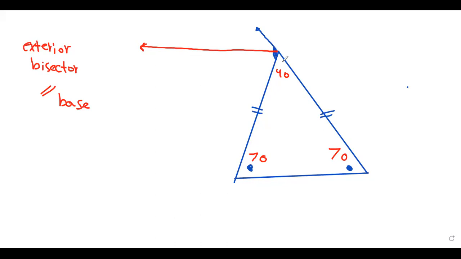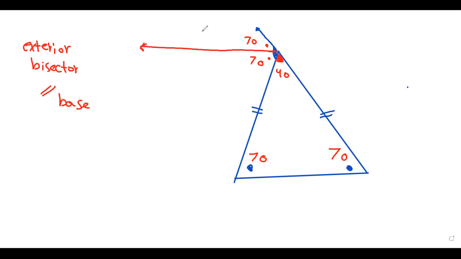And you know that the straight angle is 180. So I have 70, 70, 40. Then the sum of these two angles is 140, and divided by 2, it will be 70 and 70. And this is a simple way to deduce that.